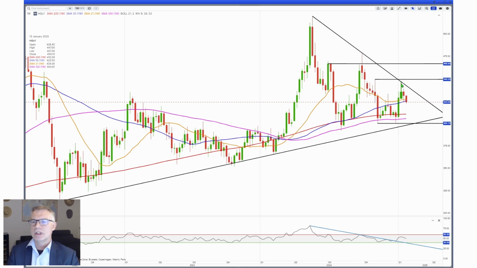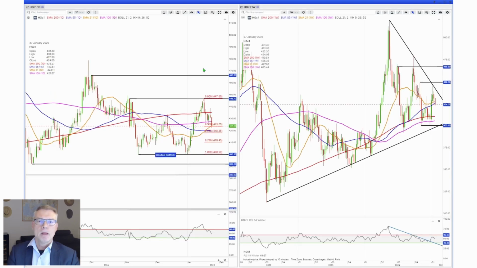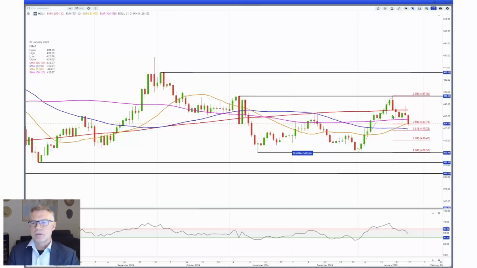You can see it actually got rejected there at this falling trend line here a couple of weeks ago. And I want the RSI to close back above the 60 threshold. If those two situations occur, then I will be very bullish on copper, for copper to move at least up to the 500 area.